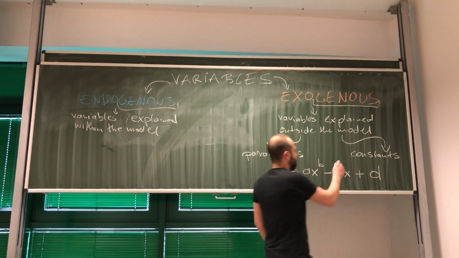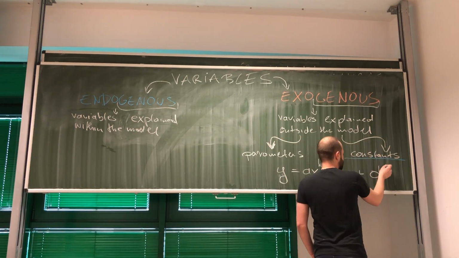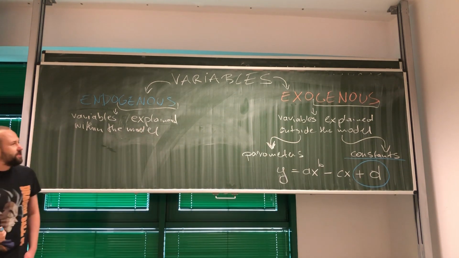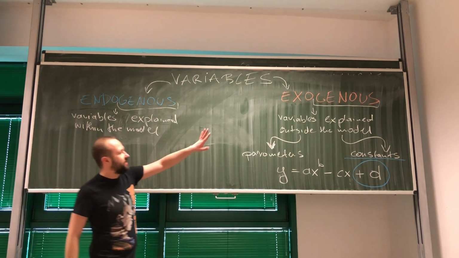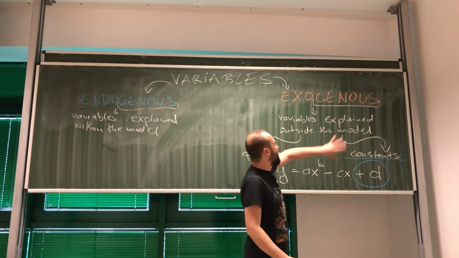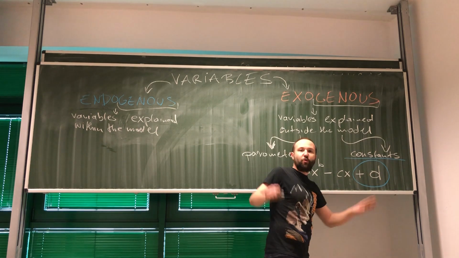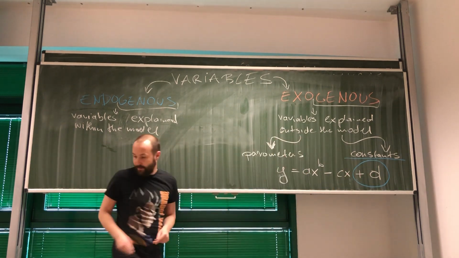This is a constant, right? So, this is the type of variable that is given exogenously. We are not trying to explain the value of a variable, we are taking it as a given.